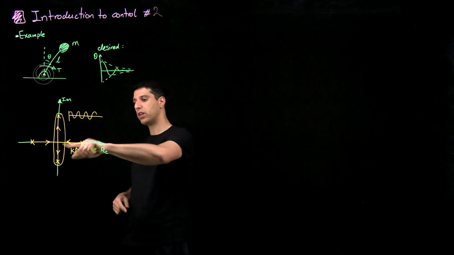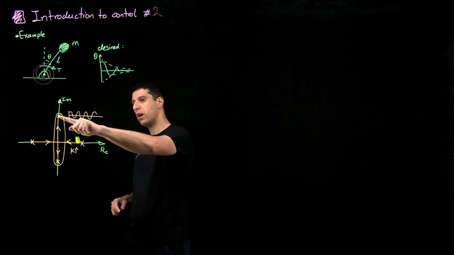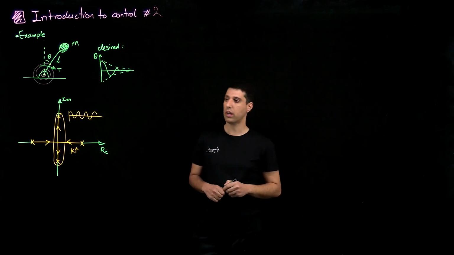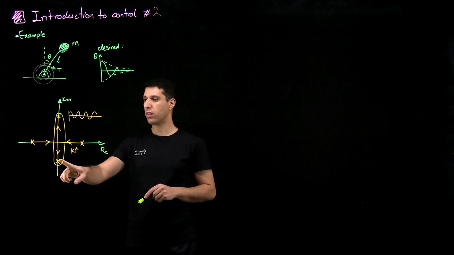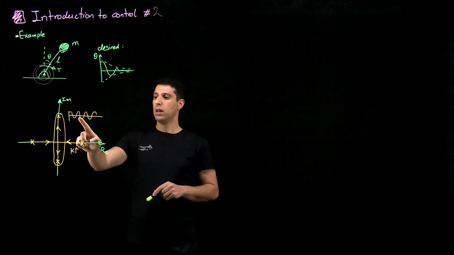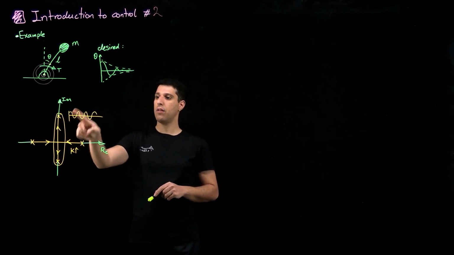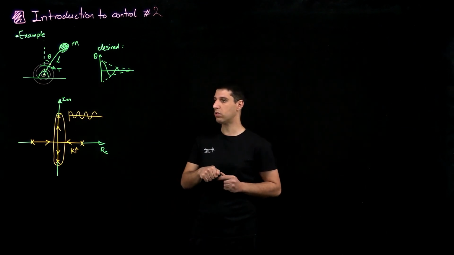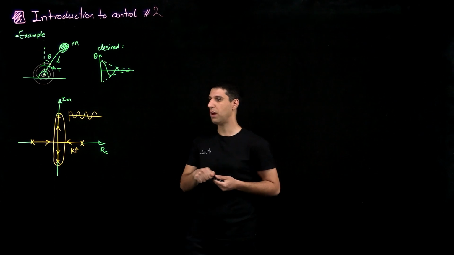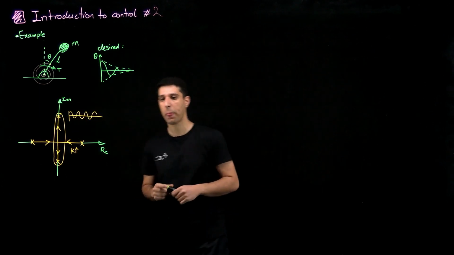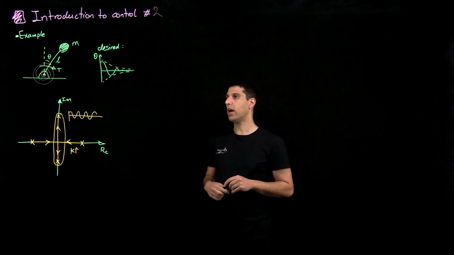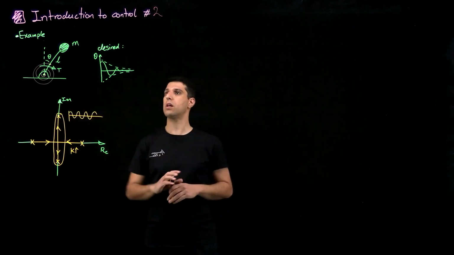So if my K is large enough, I'll have two complex conjugate poles or eigenvalues that make the system behave like this, non-diminishing or everlasting oscillation.